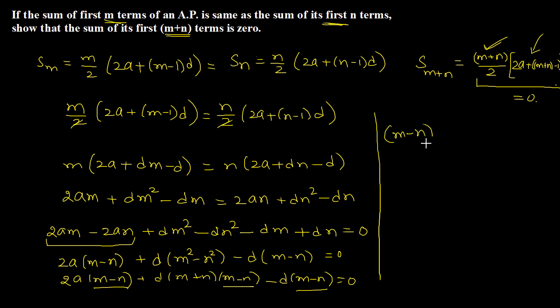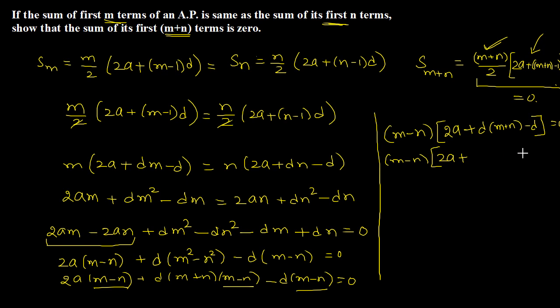What is left in the bracket, with 0 on the right-hand side, is 2a plus d (m plus n) minus d, times (m minus n).